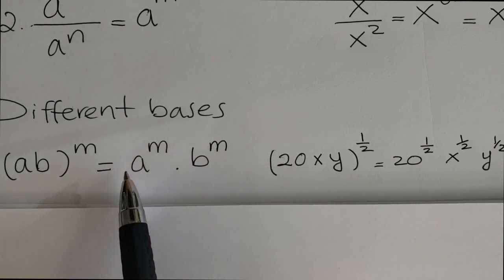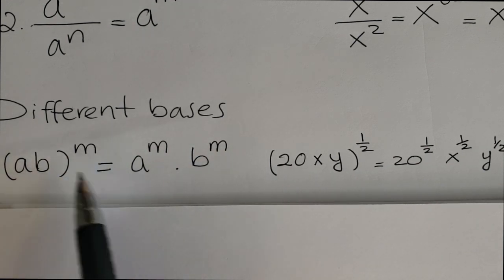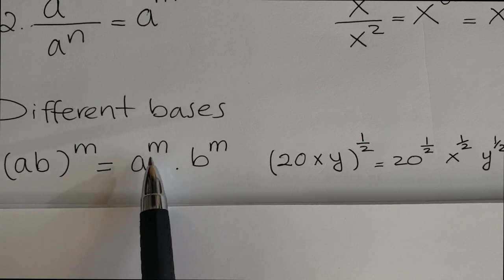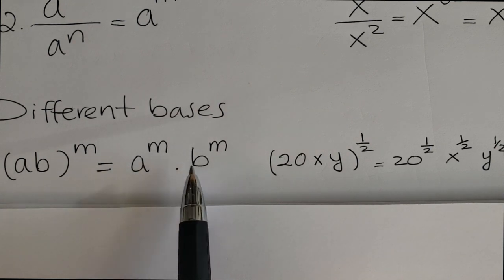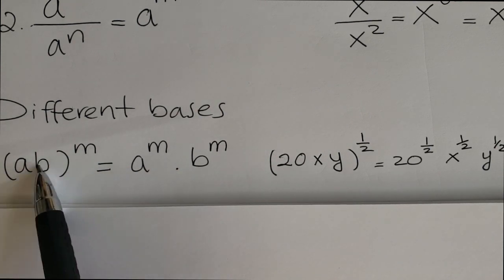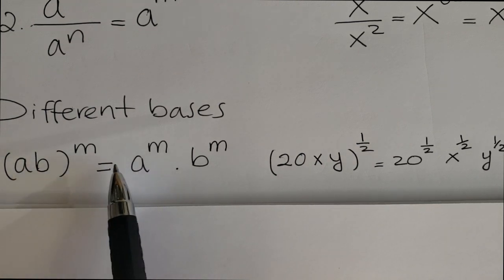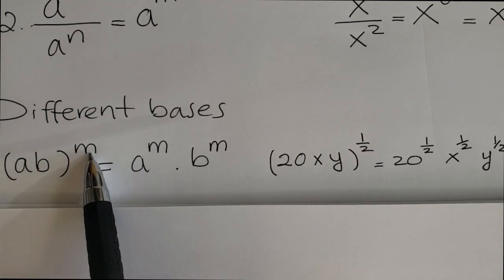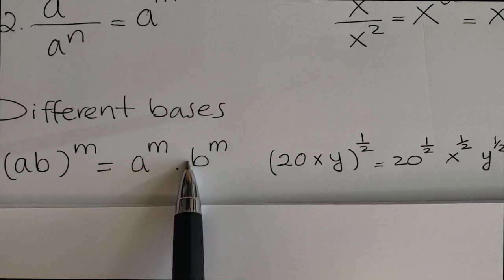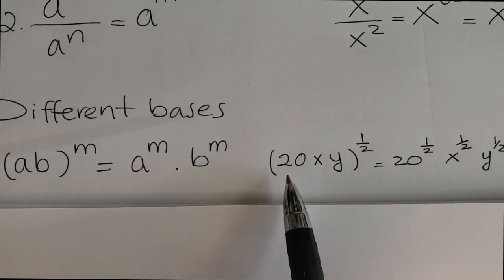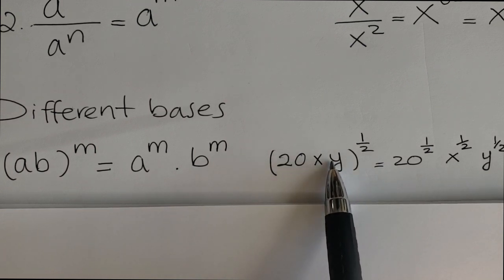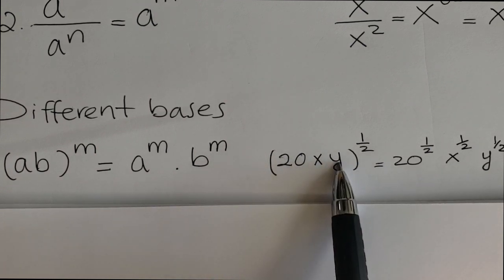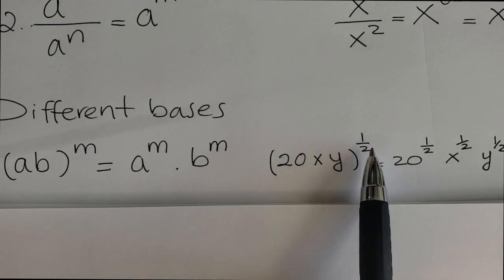So the action here would be, we will distribute the power over every individual element in the bracket. So here I have two different elements, and so I will distribute the exponent to each of these, right? So an example would be 20 multiplied by x by y, the whole bracket, raised to the power 1 over 2.